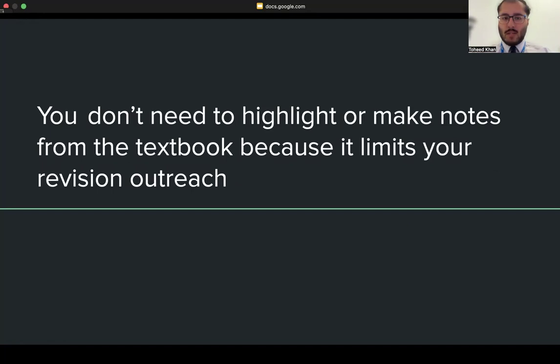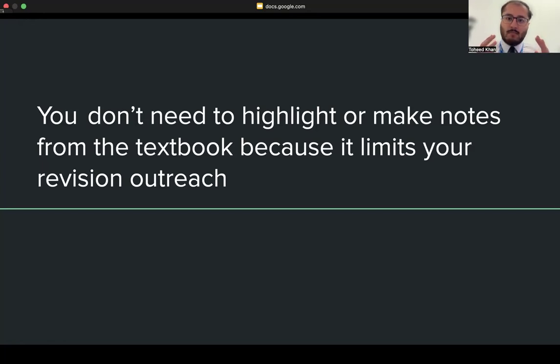So one of the first points I'd like to start on is the way you go about doing your revision in the first place. What I came across during my time doing the exam is that you don't need to highlight or make notes from the textbook because it limits your revision outreach.